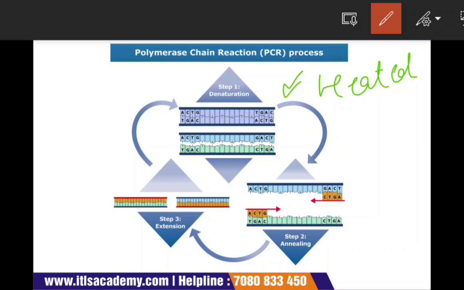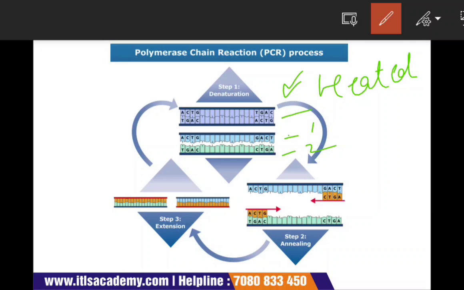After the double stranded DNA gets heated, because of this heat, it gets separated into two single strands. Are you seeing this? This is the first double stranded DNA. After the heat is provided, these two strands get separated into two single strands, strand 1 and strand 2.